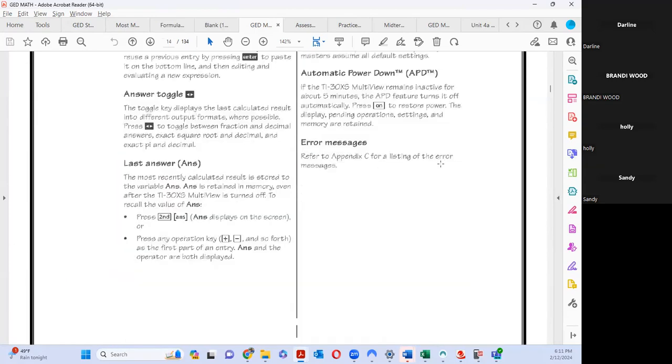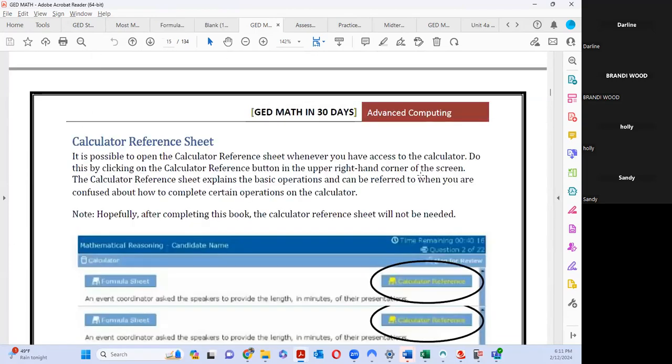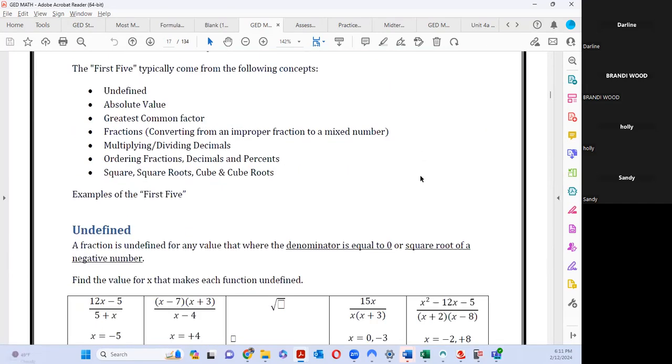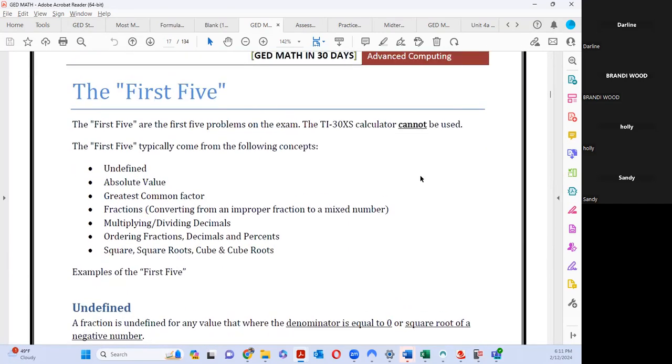Now, the first thing I want to talk about is undefined. That's one of the first five. If you've seen my post recently, I posted about the first five. The first five typically come from these areas: undefined, absolute value, greatest common factor and least common multiple, fractions, specifically converting from an improper fraction to a mixed number or a mixed number to an improper fraction, multiplying and dividing decimals, ordering fractions, decimals, and percents, and square roots and cube roots.